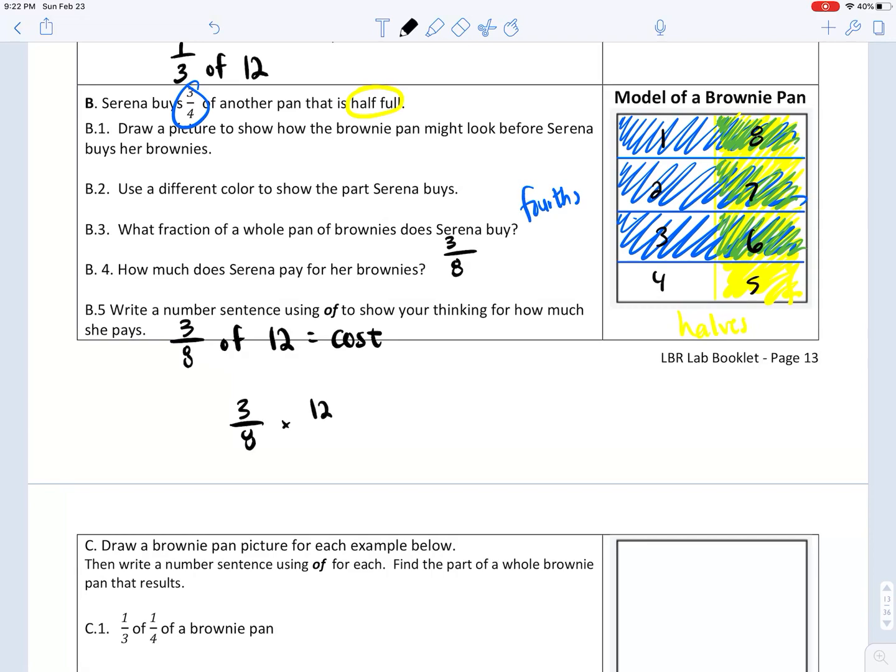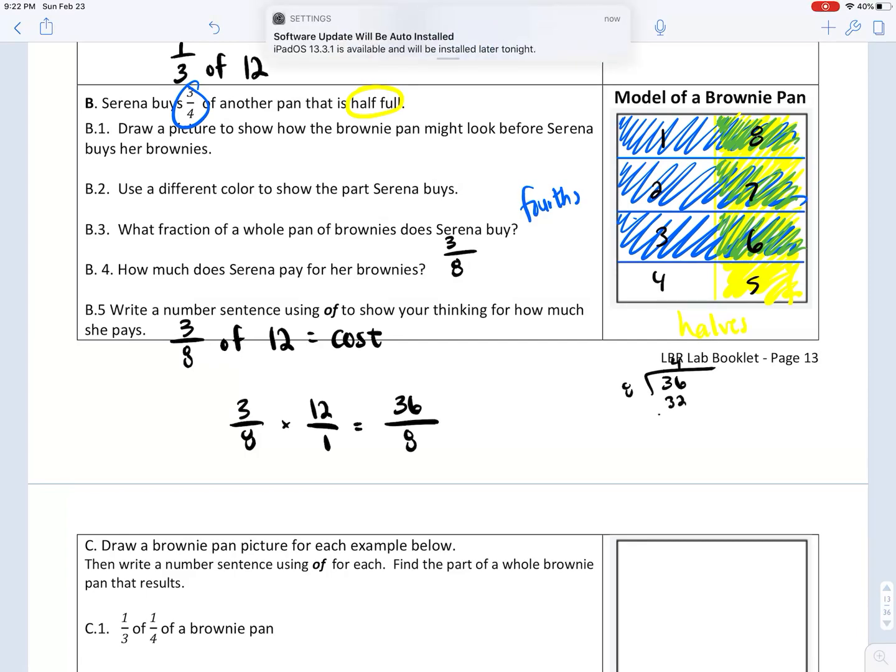We're going to do 3/8 and multiply it by 12. So let's see, I get 36 over 8. And 36 divided by 8. Well, I know that 8 goes into 36, so I'm going to do a little bit of work here. 8 goes into 36 4 times, and that is 32.